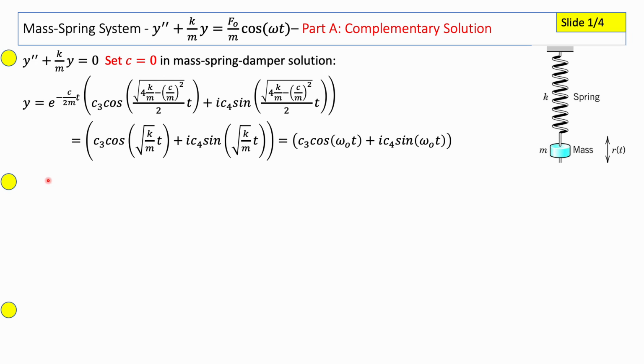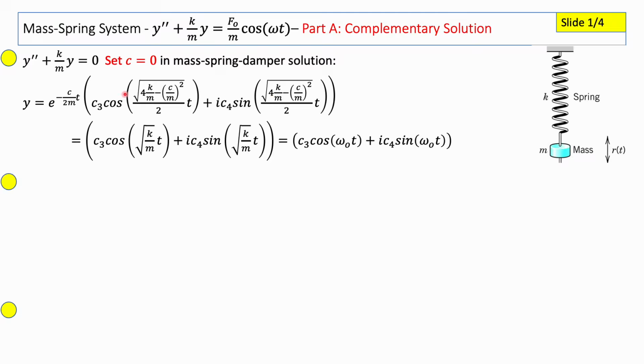So this is the mass spring damper solution for the homogeneous equation, where e to the minus c over 2m t is the exponentially decaying term, multiplied by c3 cosine omega t plus i c4 sine omega t.